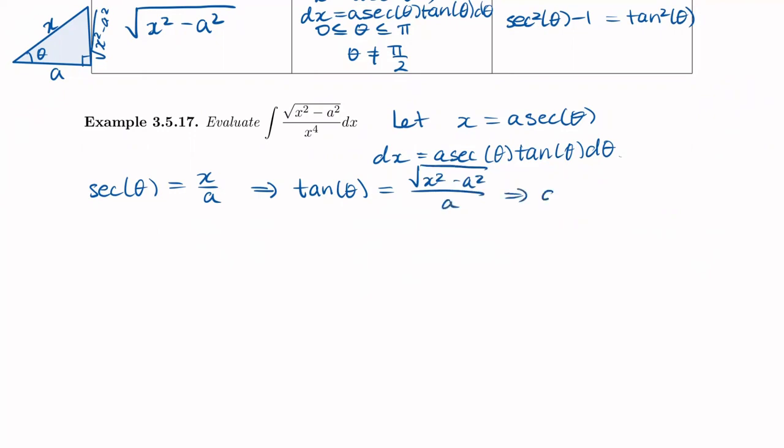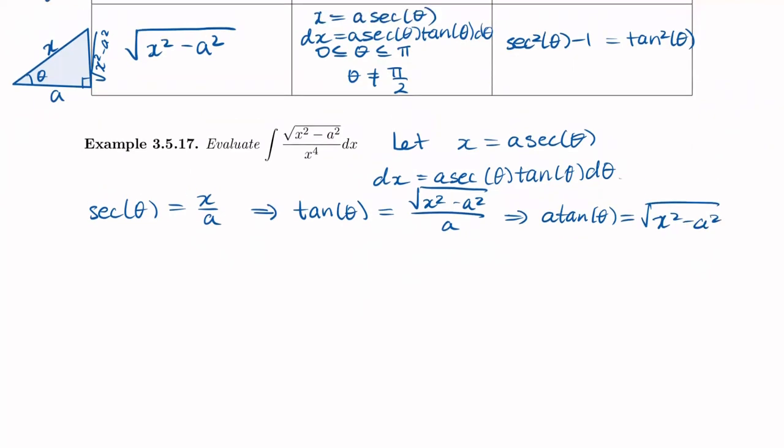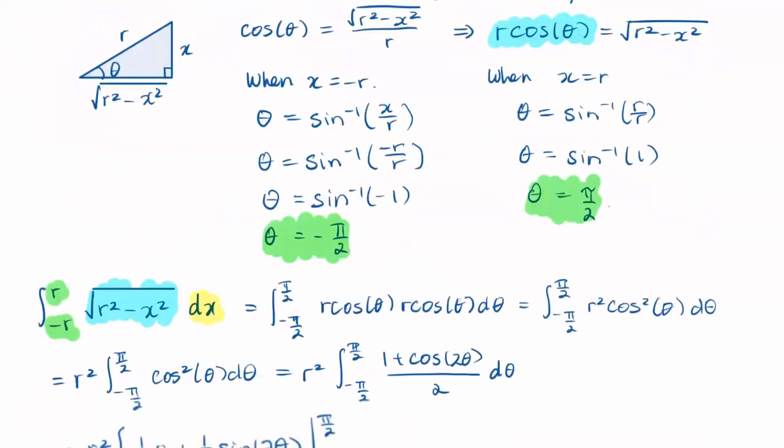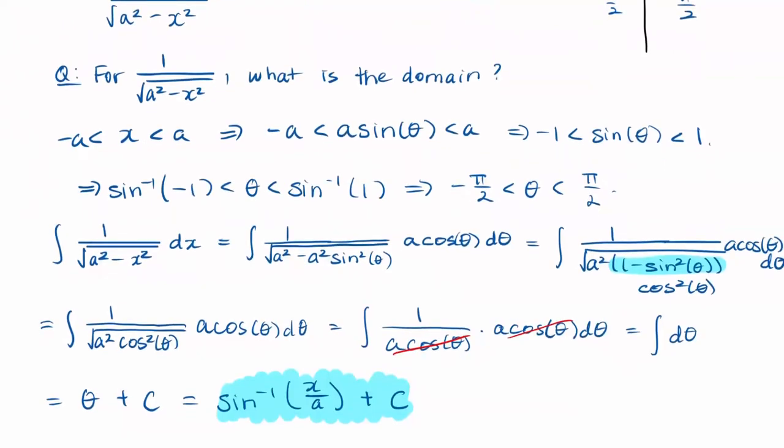That also means that a tan theta is equal to the square root of x squared minus a squared. So I actually just saved some time here, because using the right angle triangle that I've constructed, it's easy to make a substitution for anything under the square root. If I just rearrange the variables, we have an expression for the square root of x squared minus a squared, which is just going to be a tan theta. So compared to the first example, we didn't have to manipulate the identities here. We just skipped some steps.